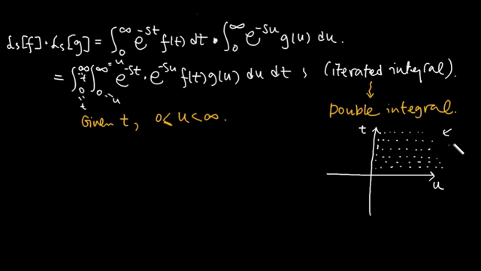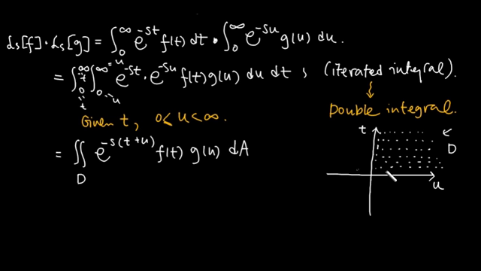So if I call this region D, the double integral can be expressed like this. This is the symbol for the double integral. It's different from this iterated integral. It's a double integral over this region D, which is infinite. And this function is e to the, let me simplify this using the exponential law, negative s times (t plus u). And these two things are general, so you can't do much simplification here. It's f(t) and g(u), and we usually write not du dt, we write dA, which is representing a tiny piece of area here.